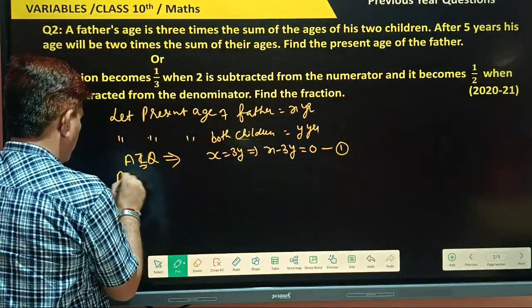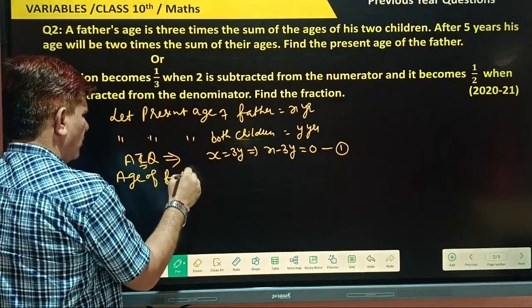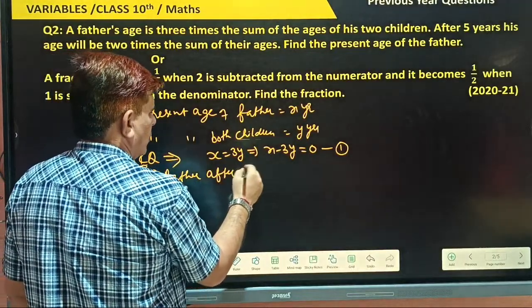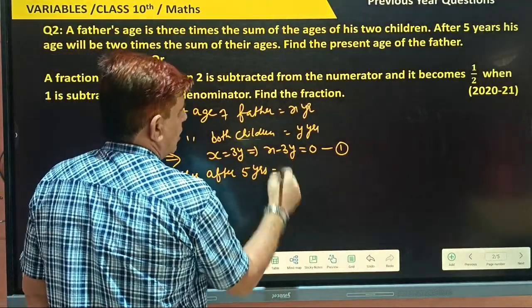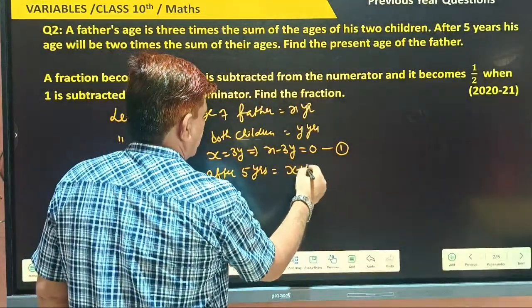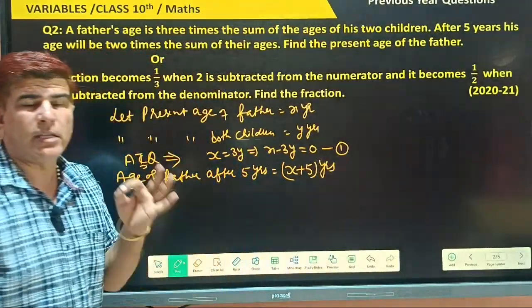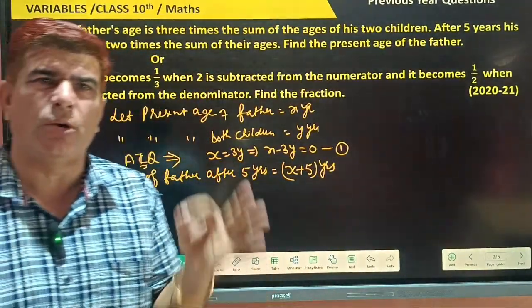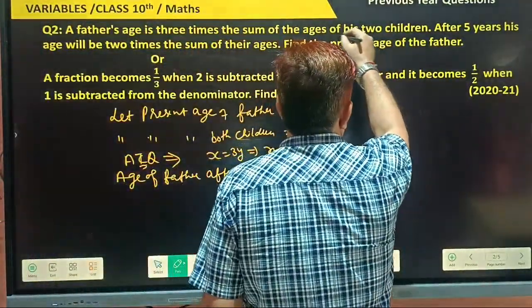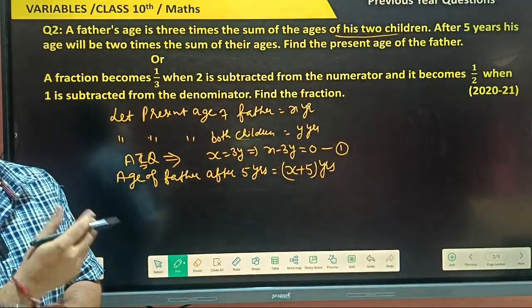Age of father after 5 years, how much? For x, it means x plus 5 years. Here is the important point which you have to note. Here it is written 2 children. How many children? 2 children.